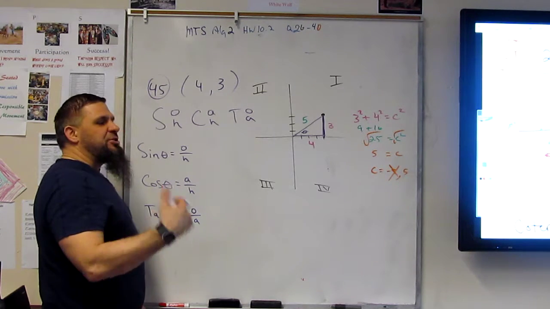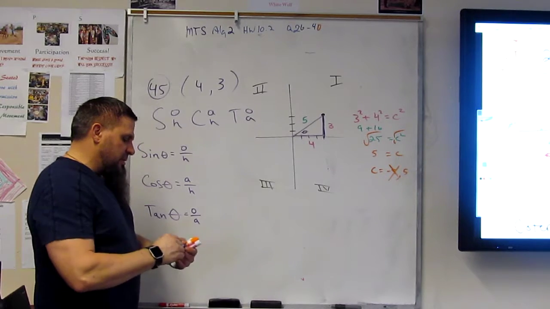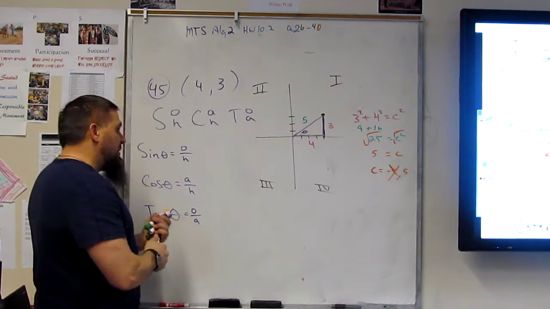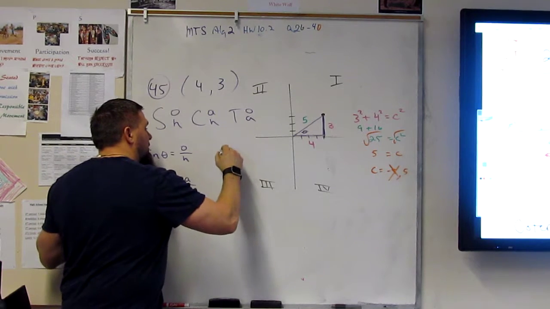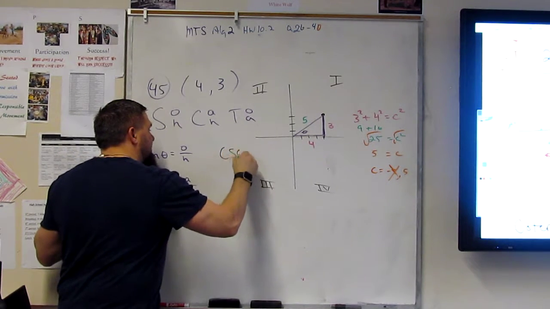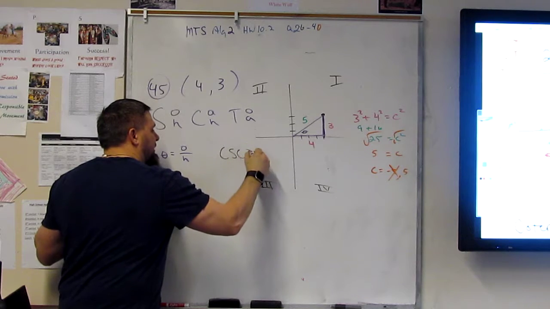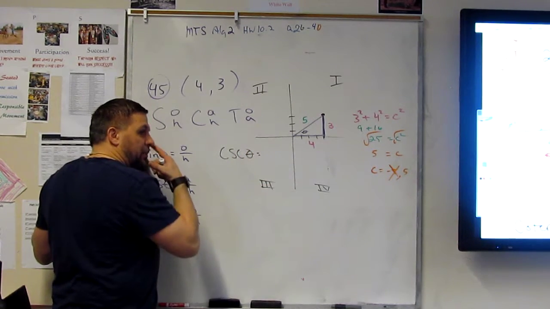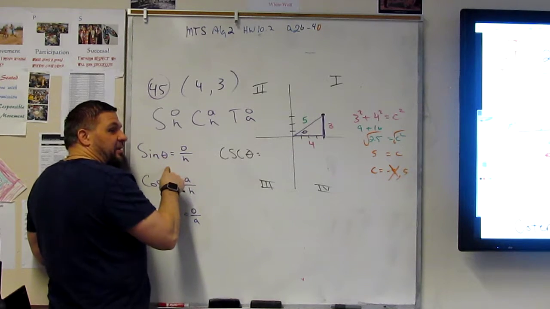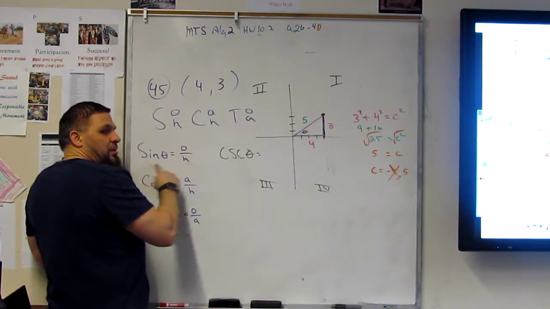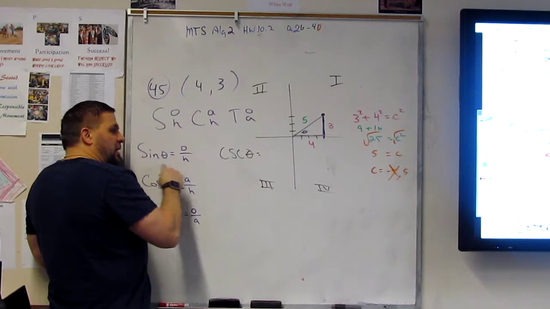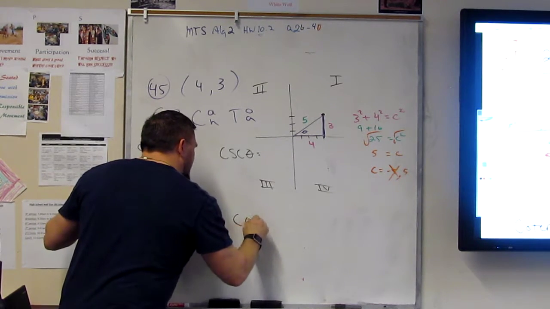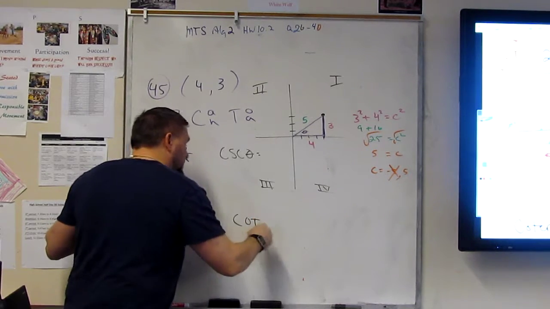But it said all 6 trig functions. That means I also need cosecant of theta. Okay? Which is the inverse of sine, right? Co, no co. Co, no co. I know cosecant and secant go with these guys because cotangent goes with tangent, right?